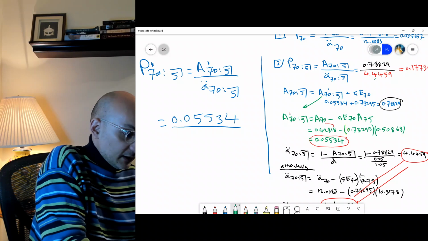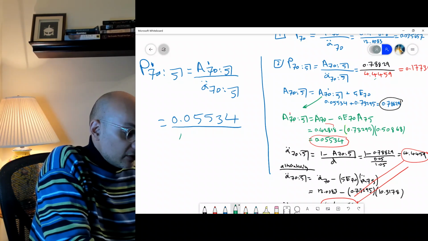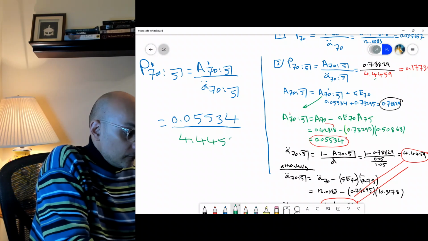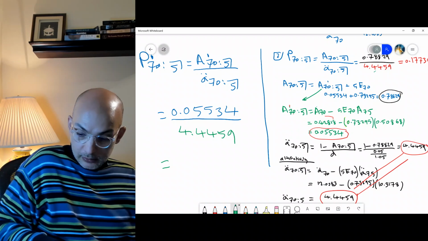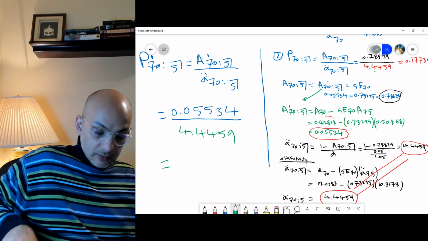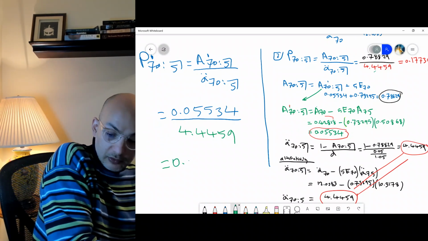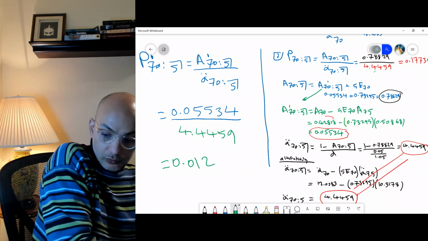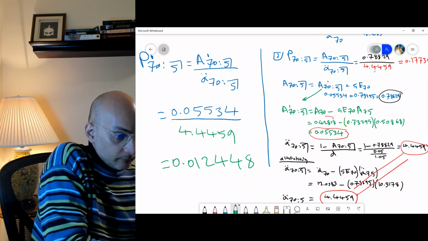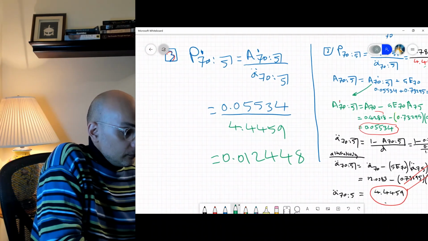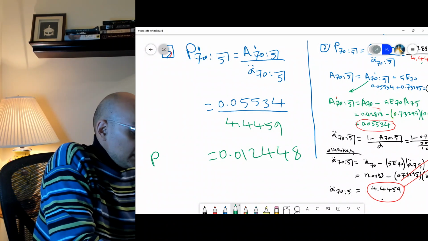Same denominator here. The only thing different is the numerator. And if you do this one here, you will get 0.01248. So this is the P75.